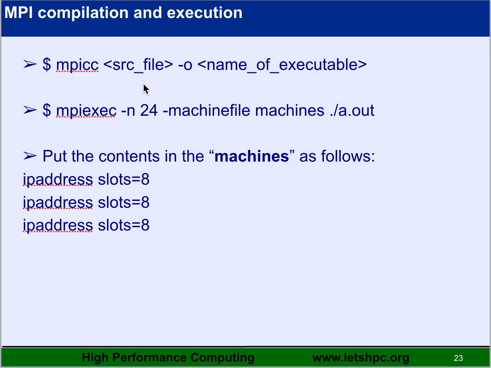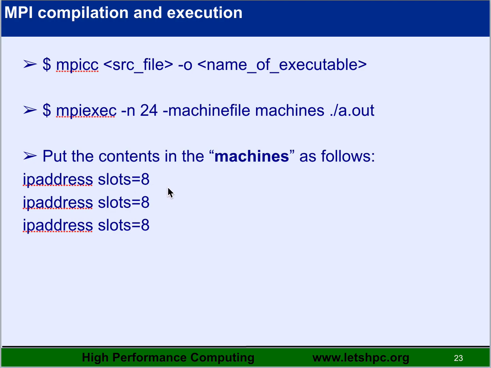Suppose we want to run this executable on 24 cores, and we want to have 8 cores from 3 nodes. What we can do is create a machines file. In this machines file, we can put the IP address of each of those compute nodes, and also mention how many cores we want from each of these compute nodes.